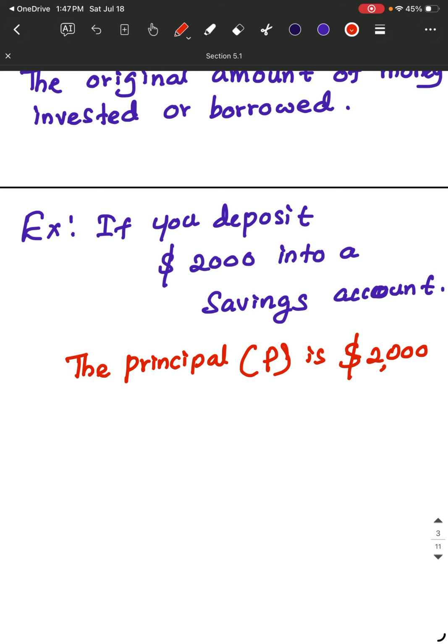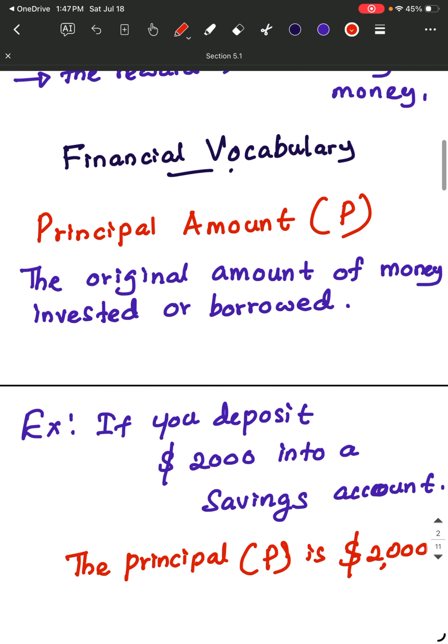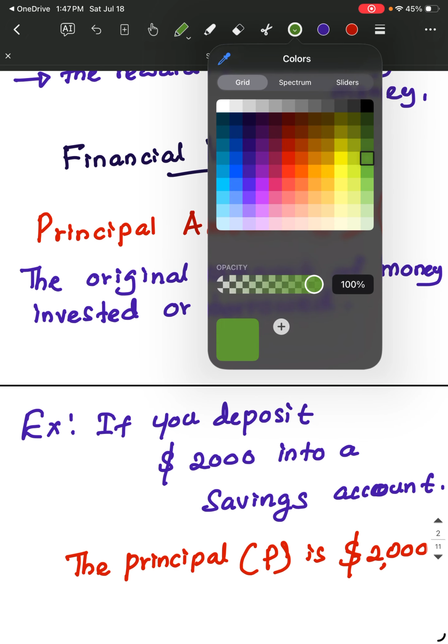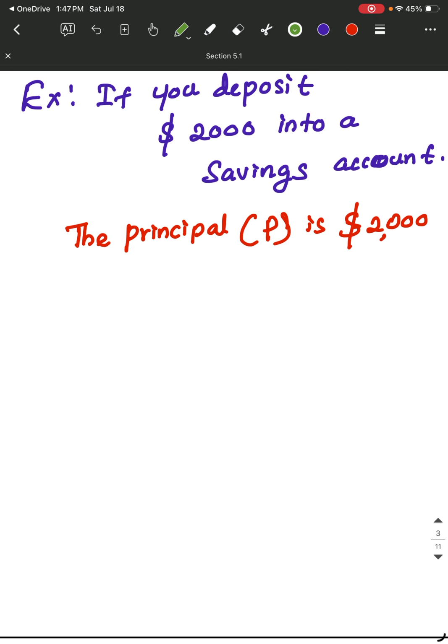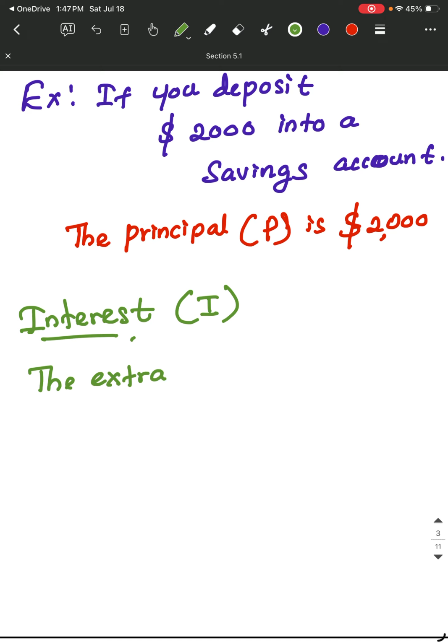Okay. Next, let's see the next one, interest. The interest is the extra money earned or paid, which we denote by I. Next, accumulated amount.